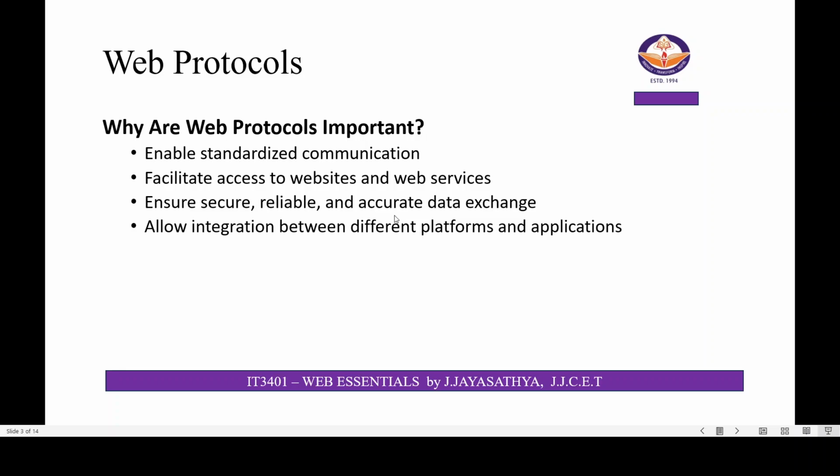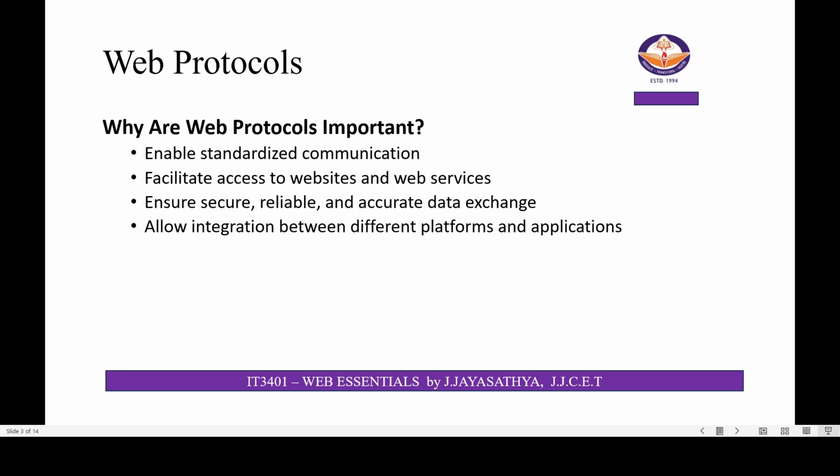It ensures the data transfer without any missing of data or interruption, and it allows the integration between the different platforms and applications, which means it makes sure that different systems or apps can work together, share data and communicate smoothly even if they were built differently.